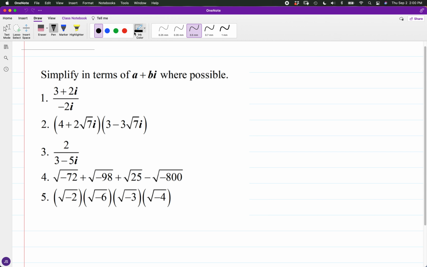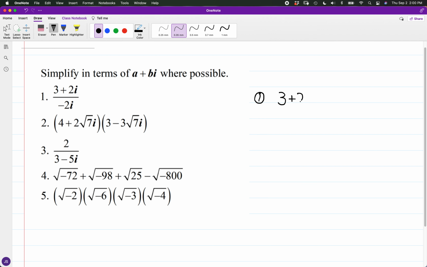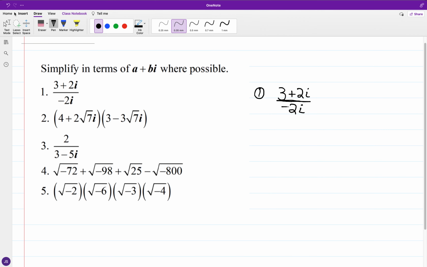In the case of the first item, we've got the ratio 3 plus 2i all over negative 2i, and we're looking at working with fractions in the complex number system.